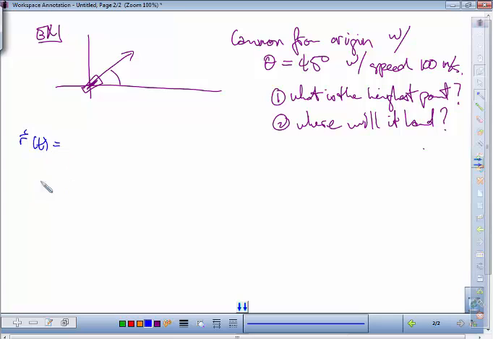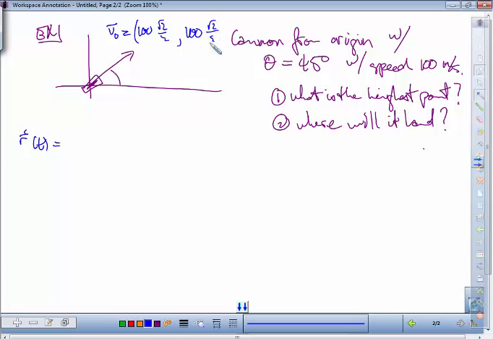All right? So I do want to know what the initial velocity is. And the initial velocity, if you remember, is the speed times cosine of the angle and speed times sine of the angle. So the speed is 100 meters per second times the cosine of 45 degrees, which is root 2 over 2. And then the y component is the same.